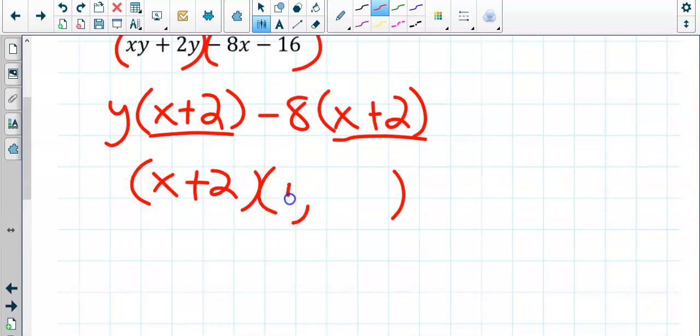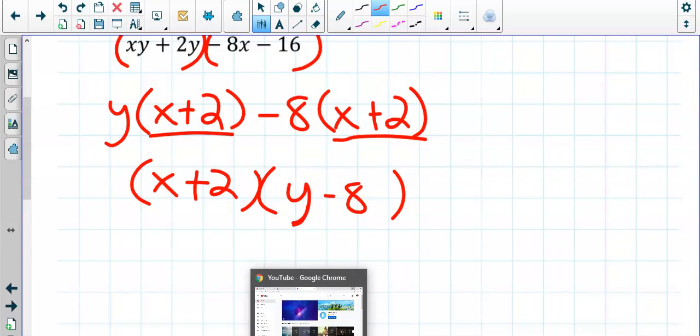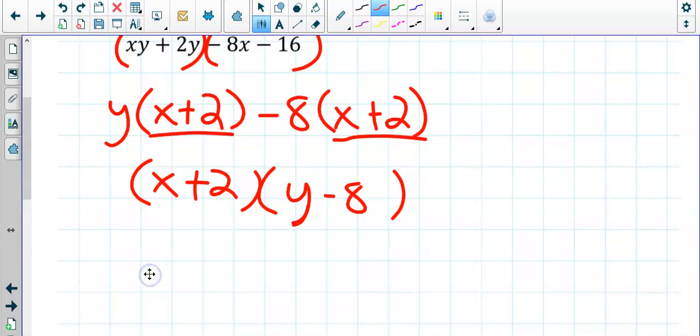Y minus 8. The numbers in front of the parenthesis take over the second one. And again, you could switch this around. You could have y minus 8 and then the x plus 2. That's grouping. See, these are so much faster. And now the next two problems you're going to get into are all factoring problems.